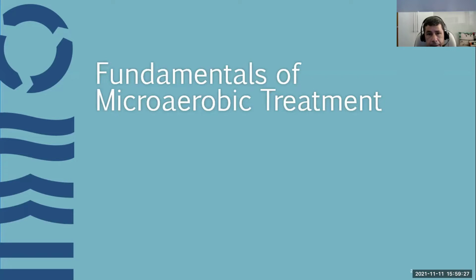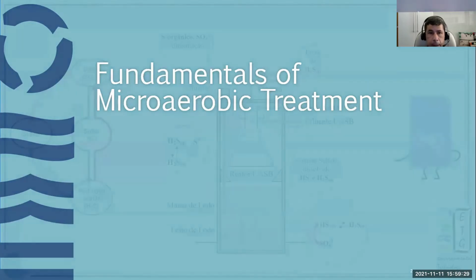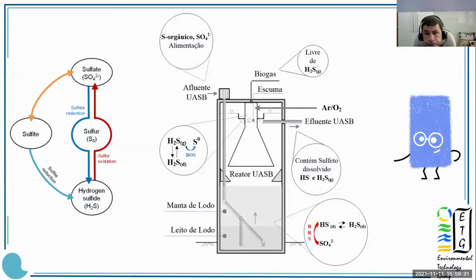So what is microaerobic treatment? First of all, I would like to start with the sulfur cycle in order to present how sulfur compounds, sulfide and hydrogen sulfide, are formed in anaerobic treatments.